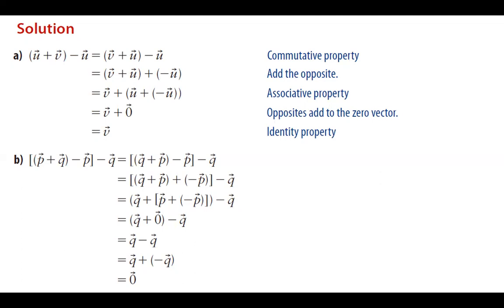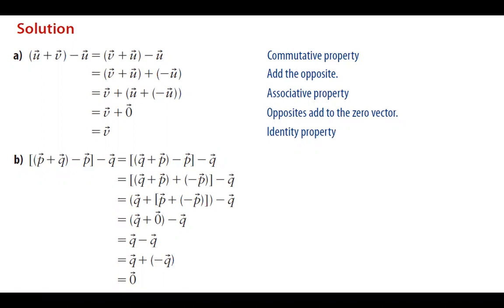Then according to the associative property, we can rewrite this as vector v plus vector u plus negative vector u. And the bracketed part becomes the zero vector. And the zero vector plus vector v equals vector v. This is according to the identity property.